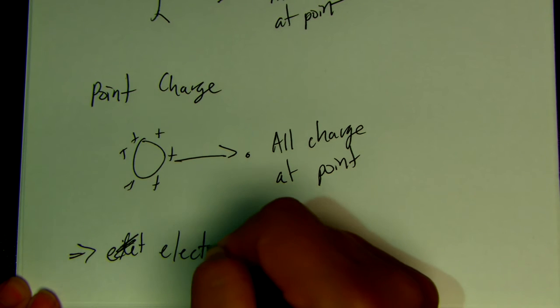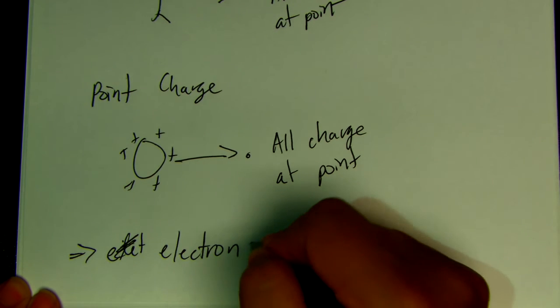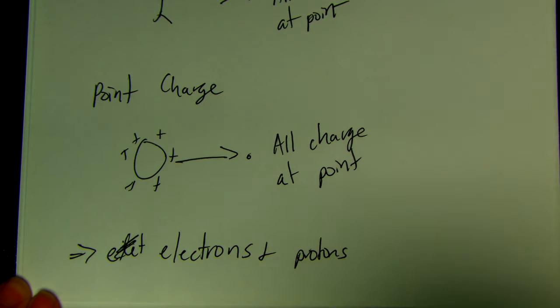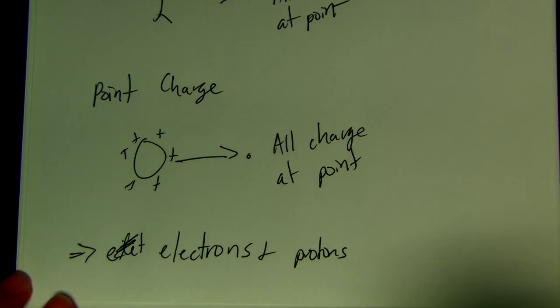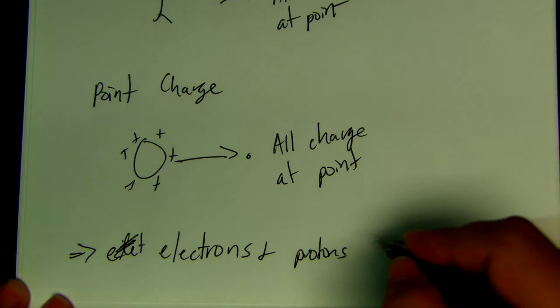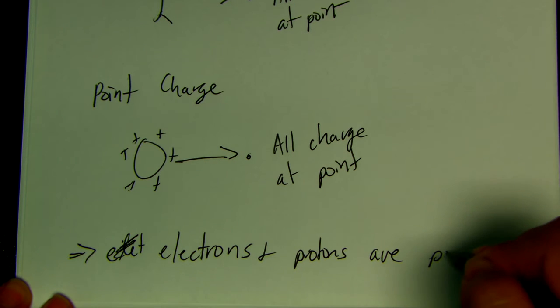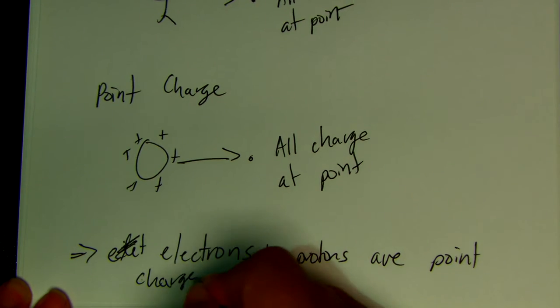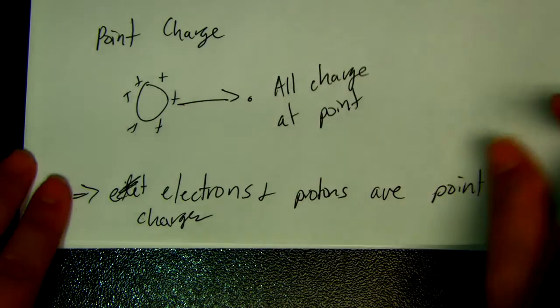And for some macroscopic objects, it is sometimes acceptable to use the point charge approximation. But we're going to develop when and how over the next couple of chapters. And you'll see the games that we play.